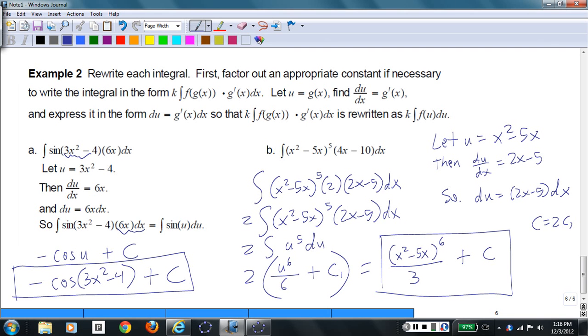And check it with the quick derivative. Multiply the 6 by the 1/3, I guess, and you get 2 times the quantity x squared minus 5x raised to the 5th power times 2x minus 5. Take that 2 out in front and distribute it through the 2x minus 5, and you get the 4x minus 10.